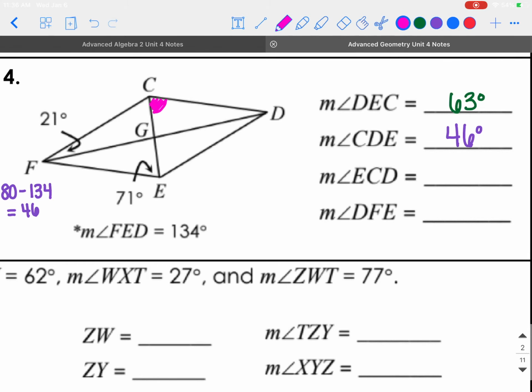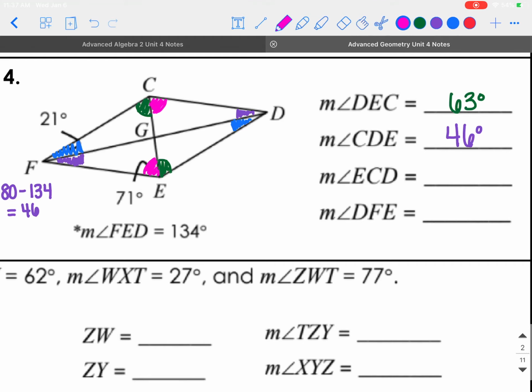This angle and this angle. Those two angles are the same. Those two angles are the same. Same thing for the other side. This angle and this angle. Those are the same. And this one and this one are the same.